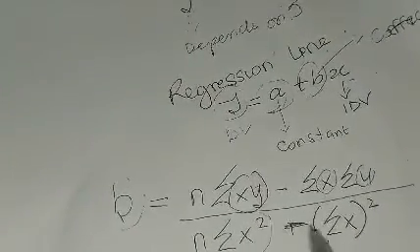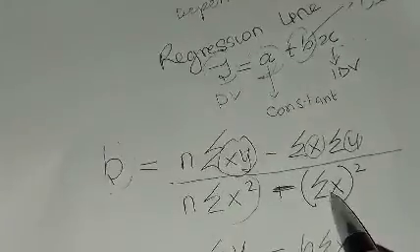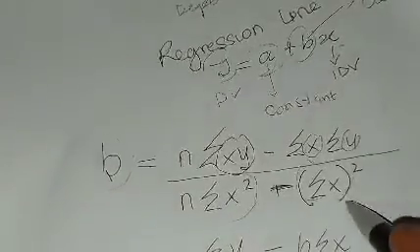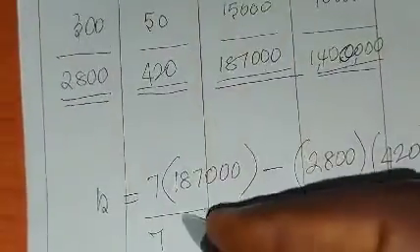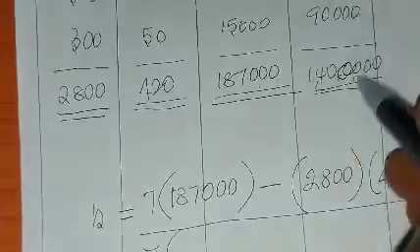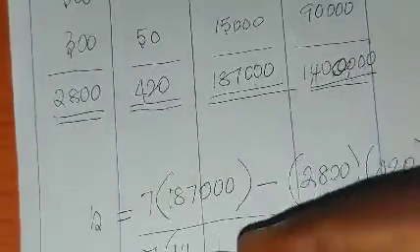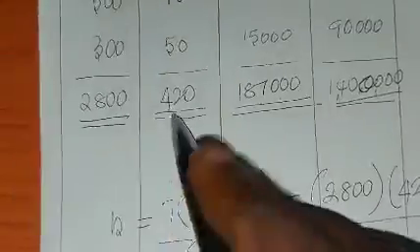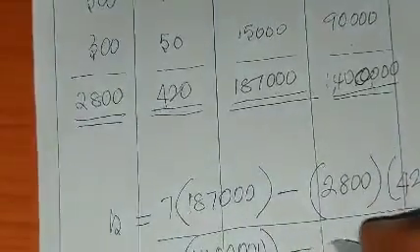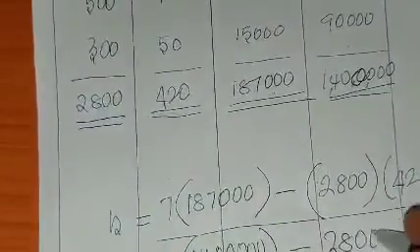Then all over n summation x squared and summation x in brackets raised to power 2. Take note of these two, they are two different things. So you have n, which is 7, into summation x squared, that's 1.4 million, minus 2800 raised to power 2.